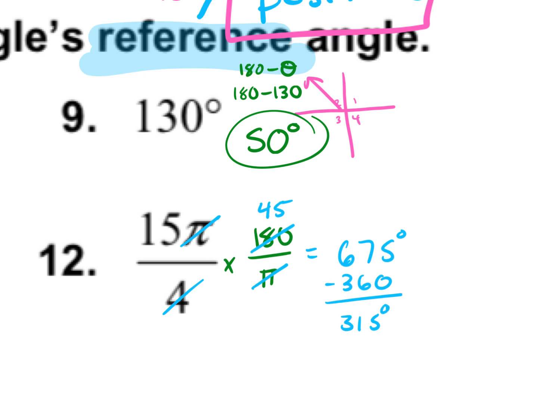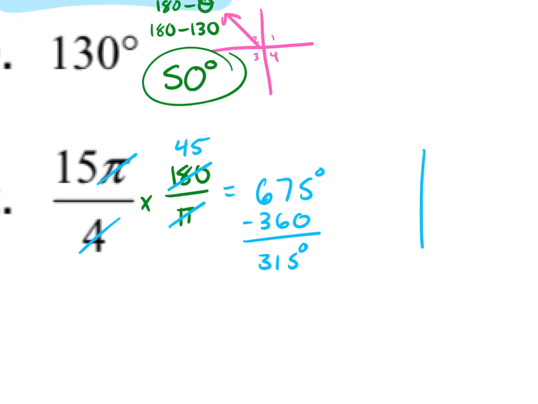So what quadrant would 315 be in? The fourth quadrant. In the fourth quadrant, the formula we use is 360 minus theta. I'll write all the formulas for each quadrant after we do this one. So 360 minus 315 would be 45. Can I leave 45 as my reference angle?